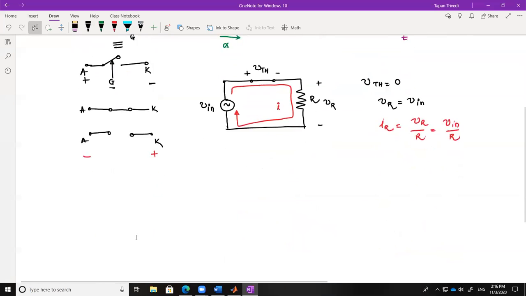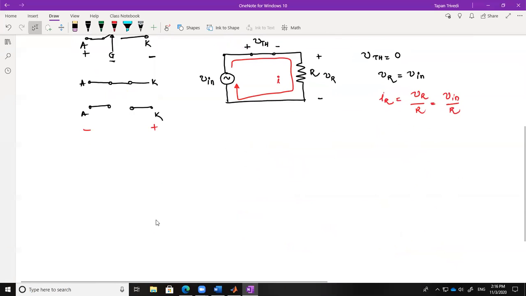So you actually have three states. One, gate signal is 0 and you apply some voltage across the device. This acts as an open circuit.